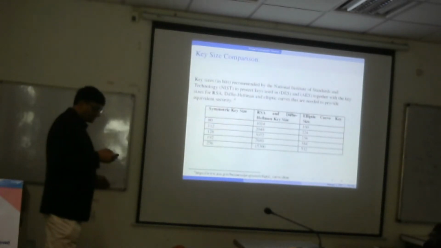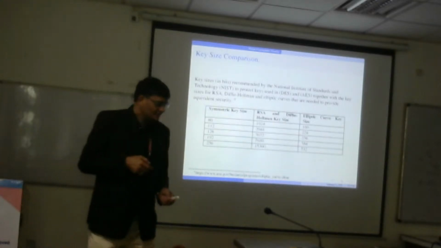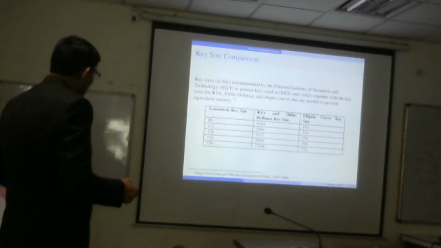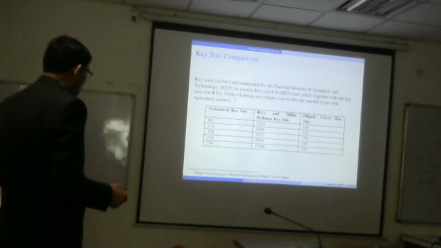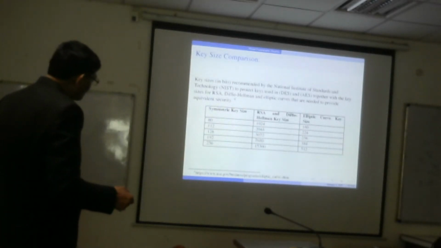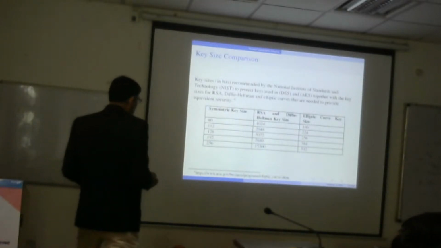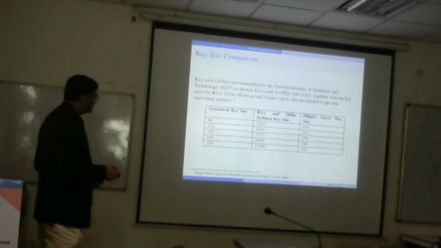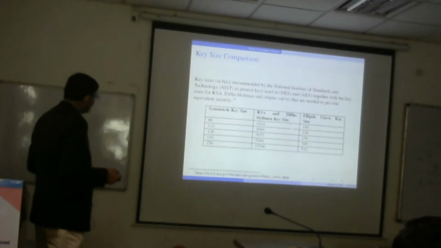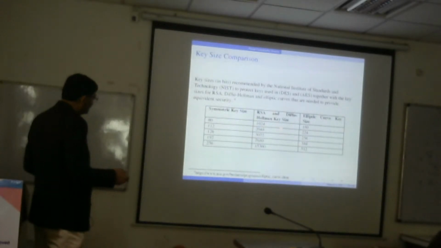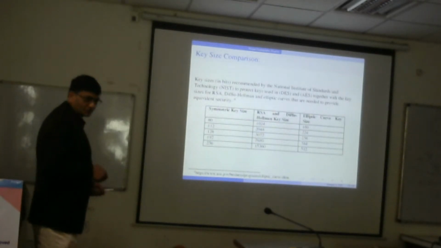So what is the advantage here? In RSA, suppose we are working with a group size of 1024, then in case of elliptic curve we have to work on a field size of only 160 bit. If you use the formula to determine the complexity, the final complexity for the elliptic curve is coming to 160. If you are using symmetric key cryptography, then it's equivalent to 80 bit security.